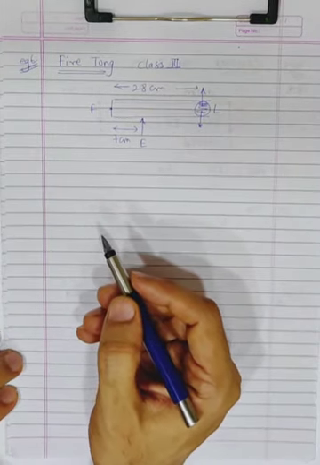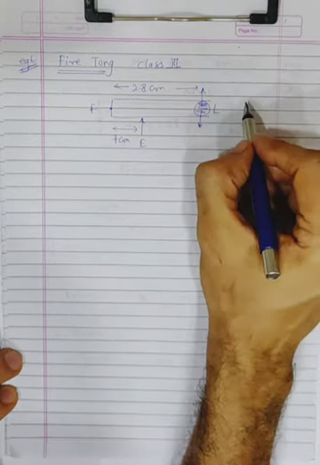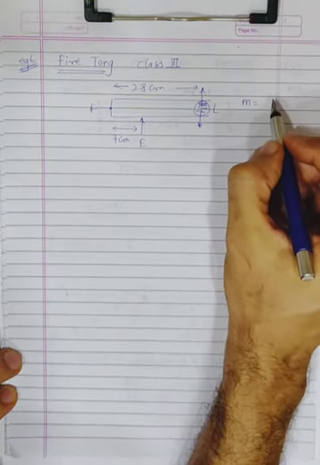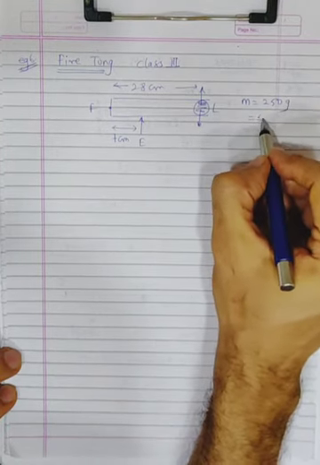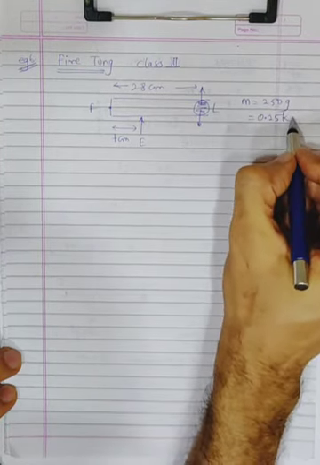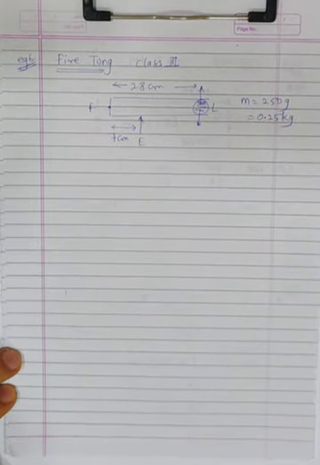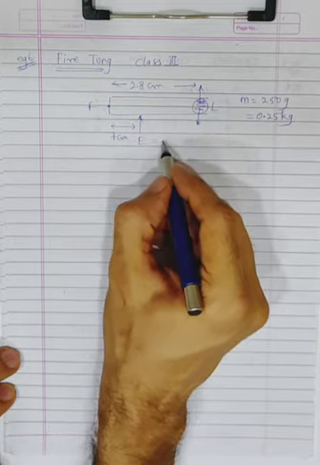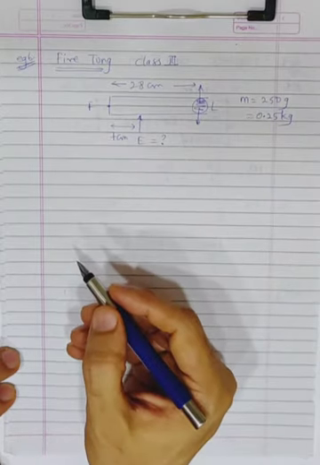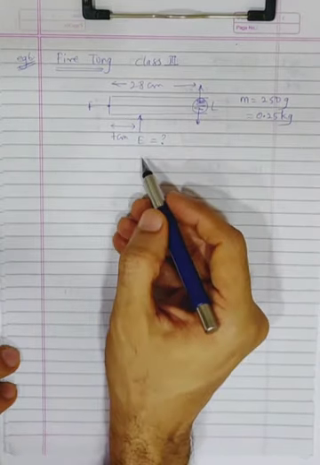And you are given that the mass of this coal is equal to how much? 250 gram, which is equal to how many kg? 0.25 kg. And we are asked to find what is the effort needed. Okay, so you can do the same formula what we did earlier.